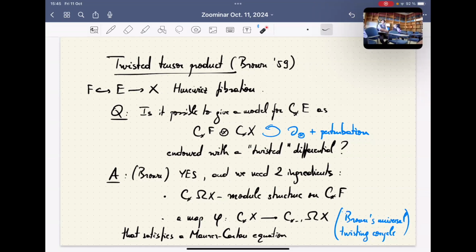I will not dwell on this. I think it's important to be aware that there is this ancestor, and we'll argue that the Barraud-Cornea construction is an analog of that in the context of Morse theory.